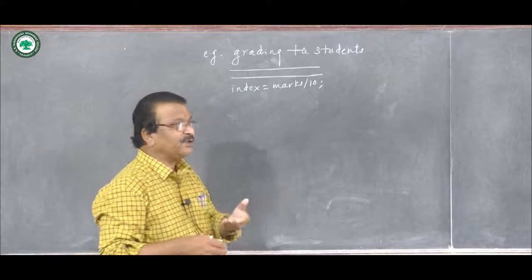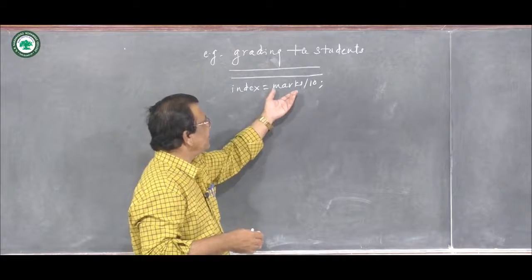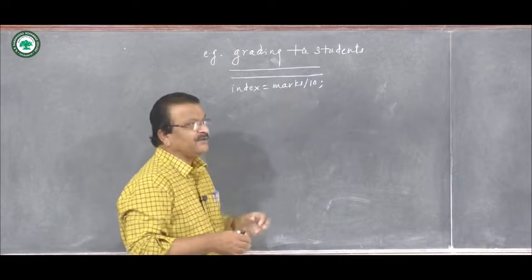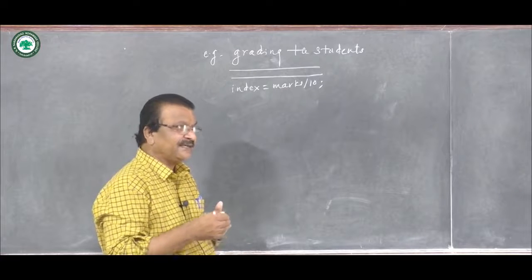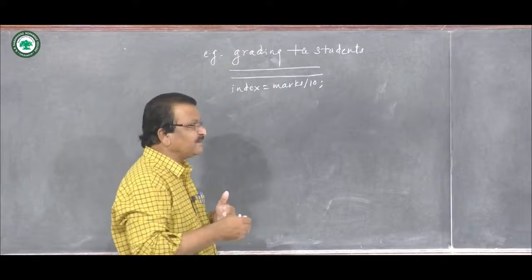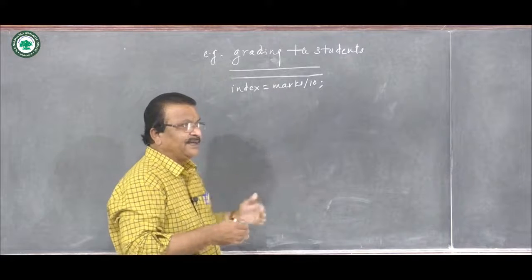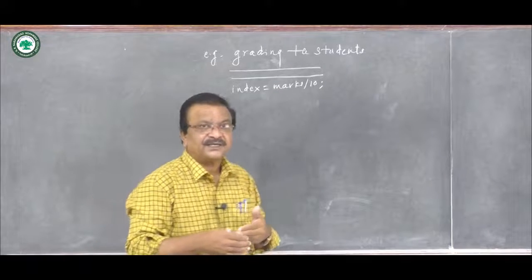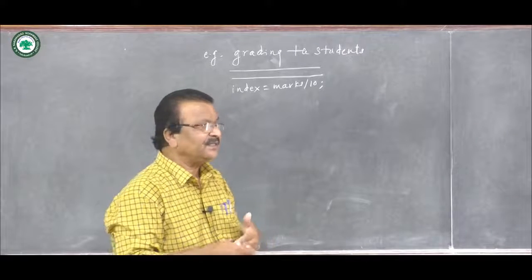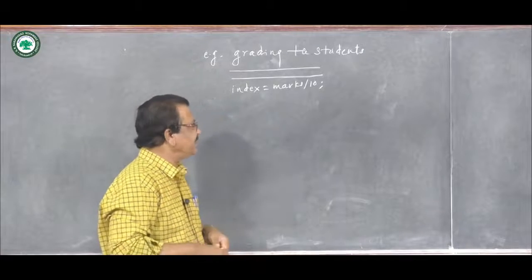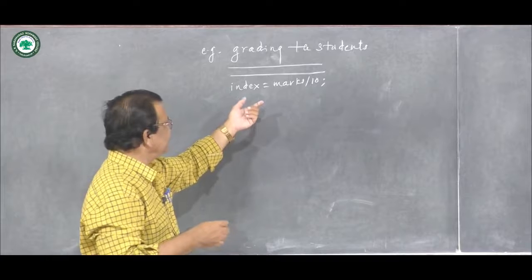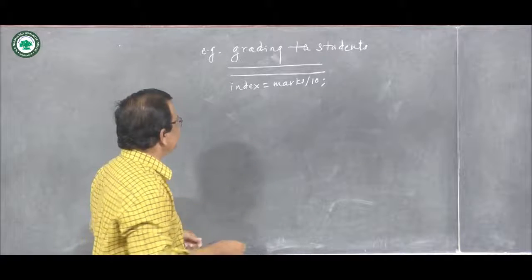If a student secures 100 out of 100, then this integer division will result in 10. If the student secures 89, it will result in the integer value 8. If the student secures 75, then this integer expression will result in integer 7, and so on.